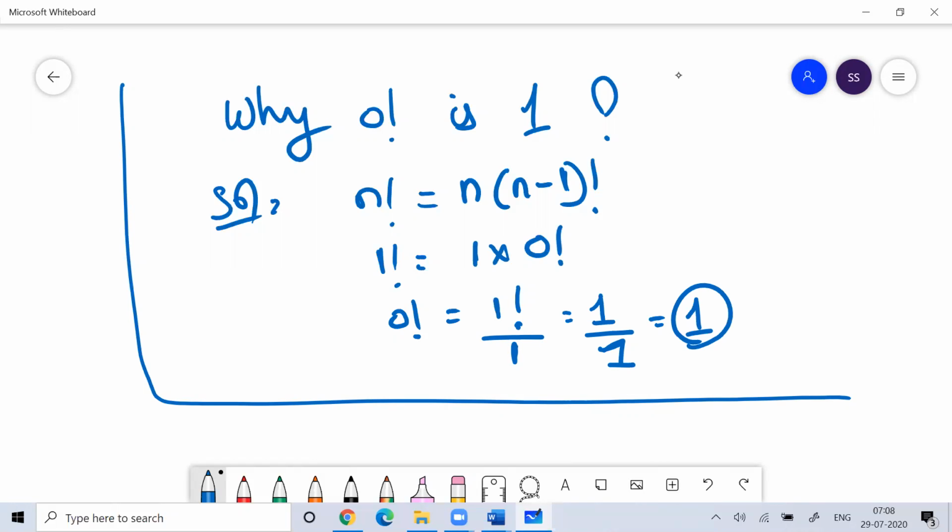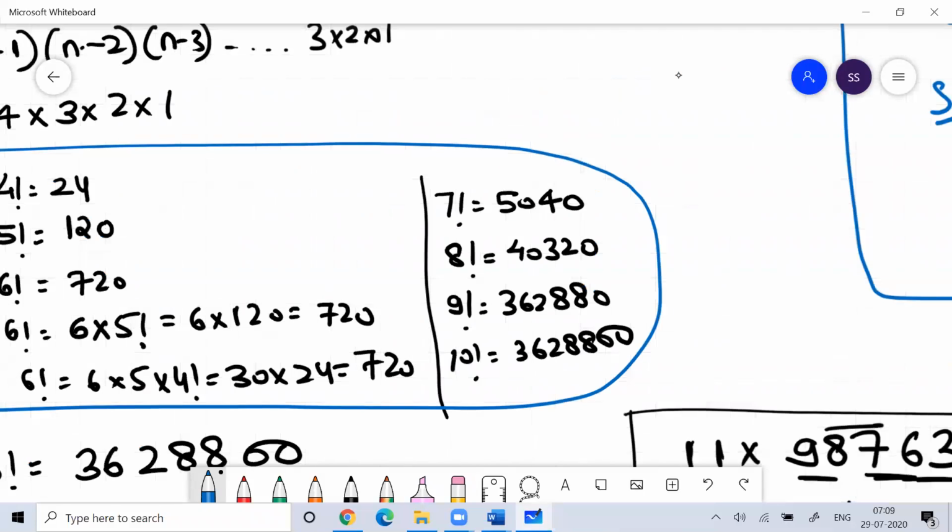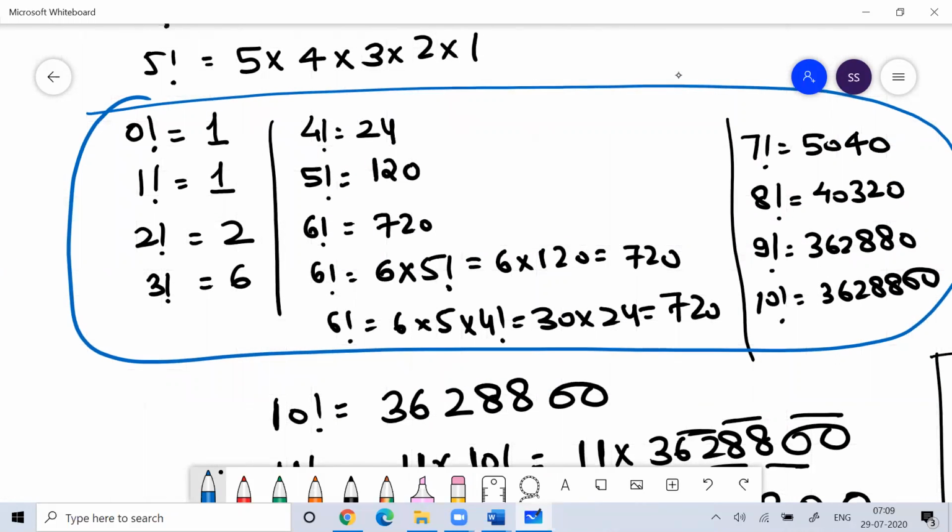Now the next thing to work on here is that if you notice these values, you need to understand that from 0 factorial to 4 factorial, none of the numbers end with 0.